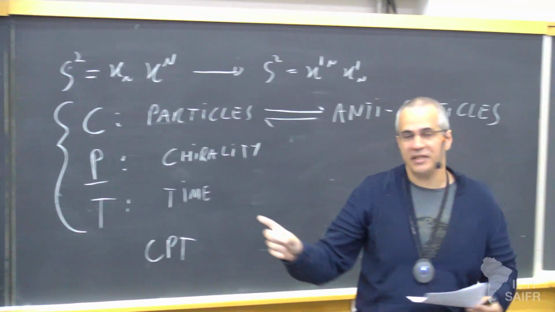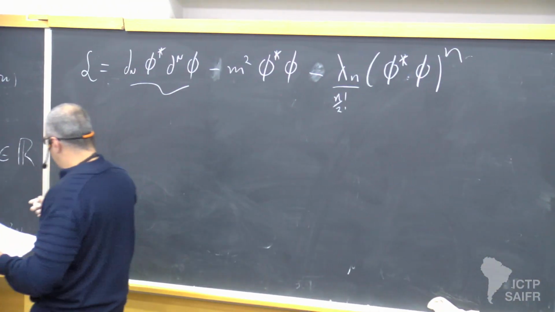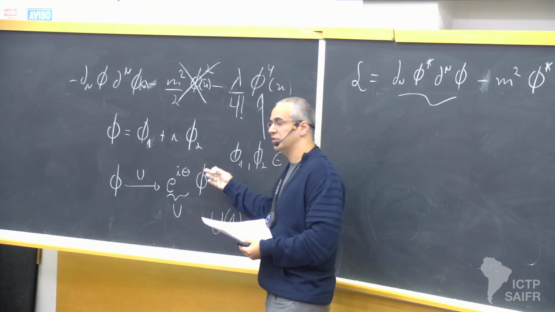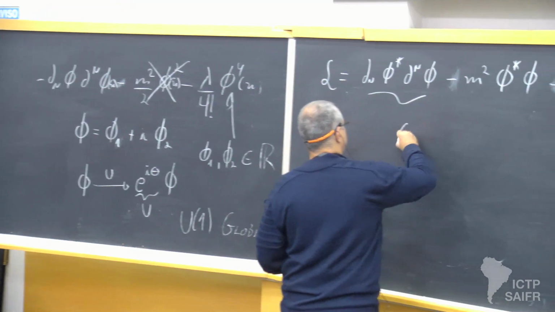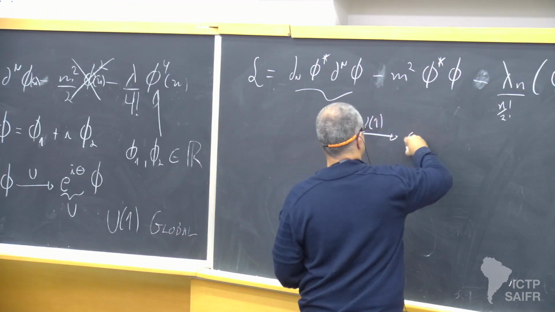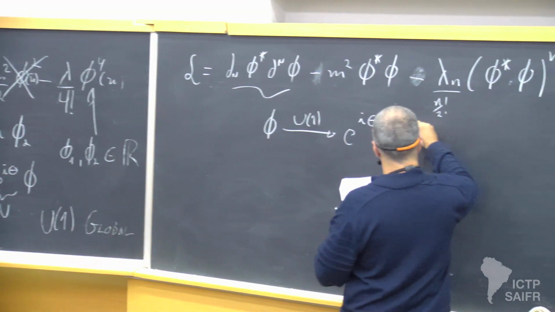Now I want this theory to be invariant under a local U(1). I'm making different changes of phase everywhere. Now theta is a function of space-time.